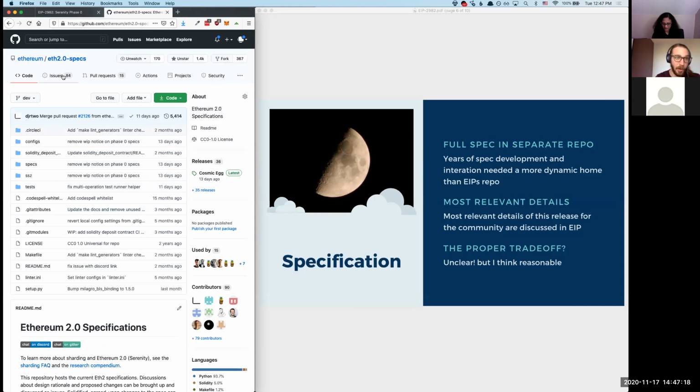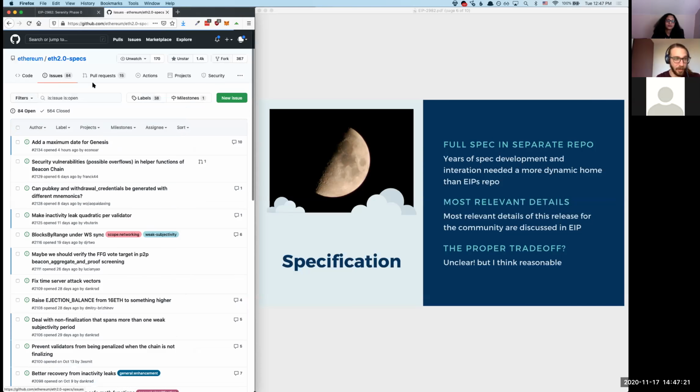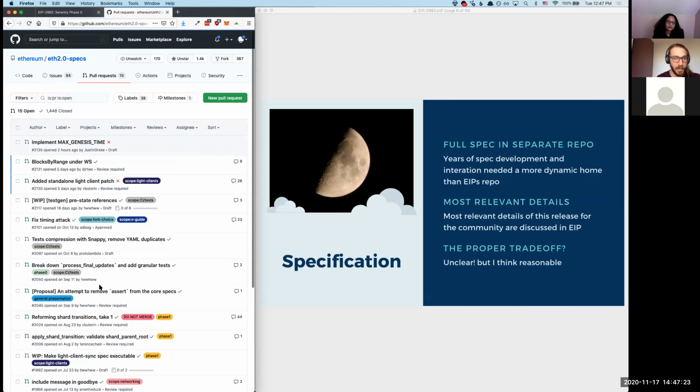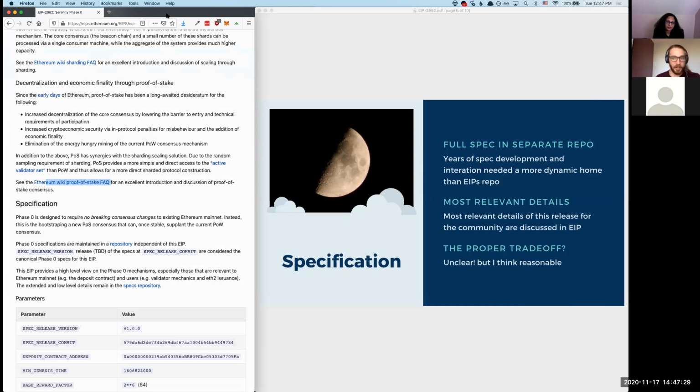And we have the ability to have very dynamic conversations and in-depth discussions over pull requests and code changes and spec changes. So in terms of where to write these specs, this independent repo separate of the EIP was an obvious choice. It worked really well.